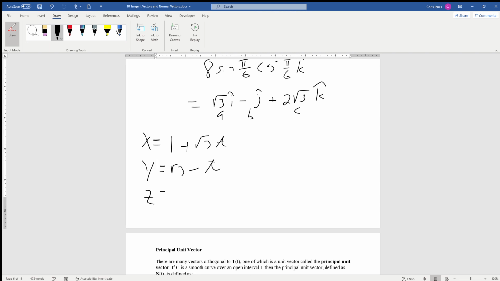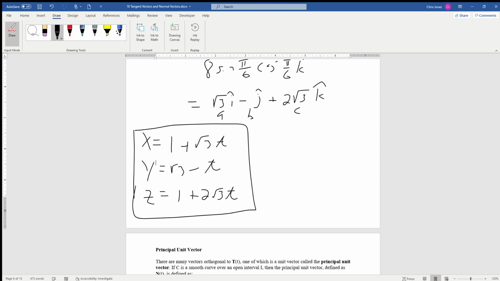And then z is going to be equal to 1 plus 2 root 3 t. Right? And again, t is a real number. So hopefully this illustrates how to find the equation of a tangent line at a specific point on a vector valued function.